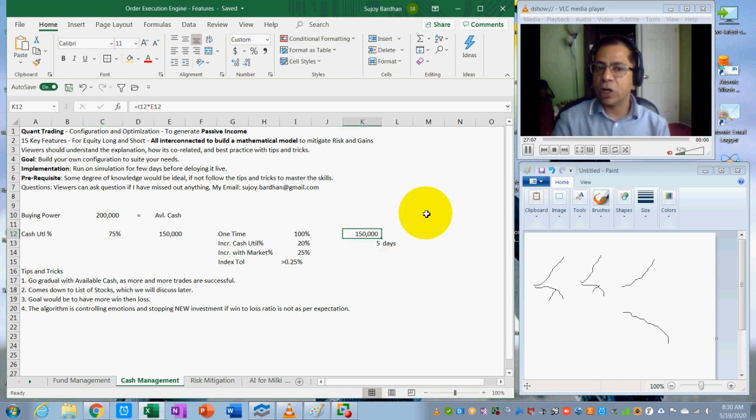So once all these three things are aligned and you're getting a result, at that point you give some extra percentage of cash utilization so that you can trade a little bit more.